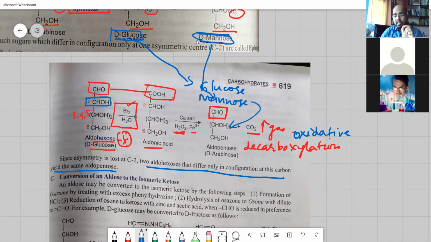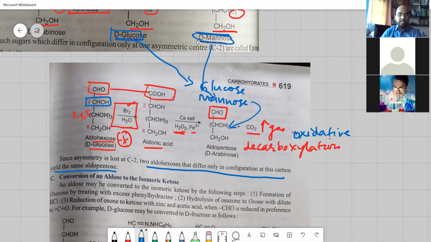Symmetry of the second carbon is lost by means of the oxidative decarboxylation. Therefore, you cannot get two isomers. So in Ruff degradation, whatever isomer it is, you will get only one product of that particular oxidized carbohydrate.